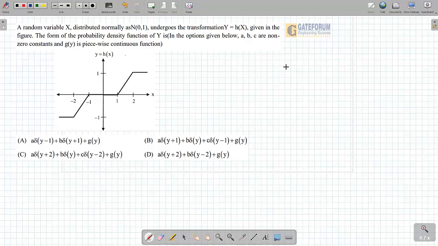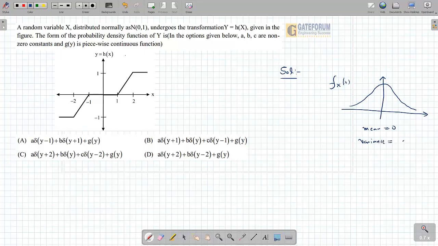So let's start. Since the random variable x is normally distributed, I can write f_X(x) like this, with mean equal to 0 and variance equal to 1.